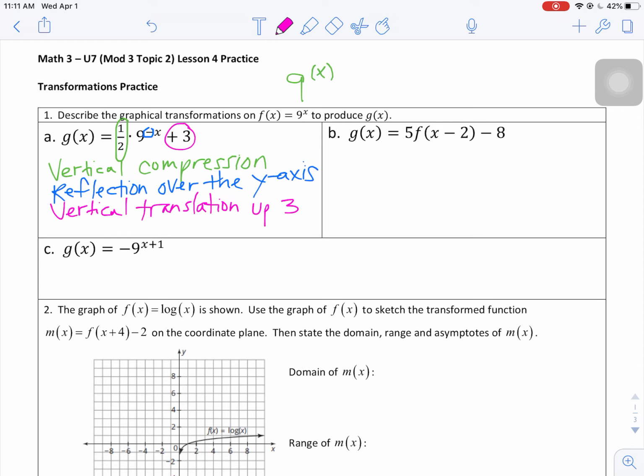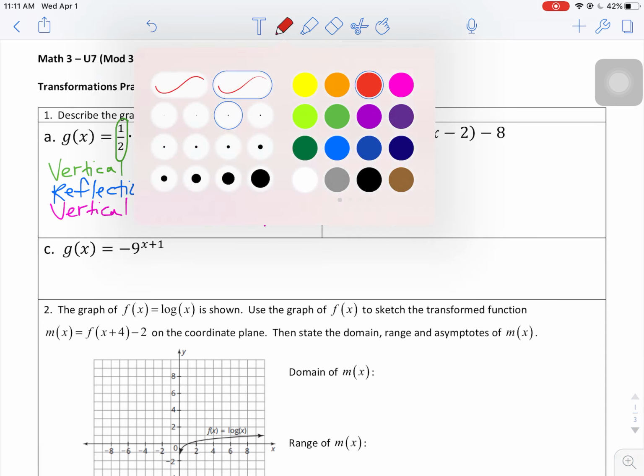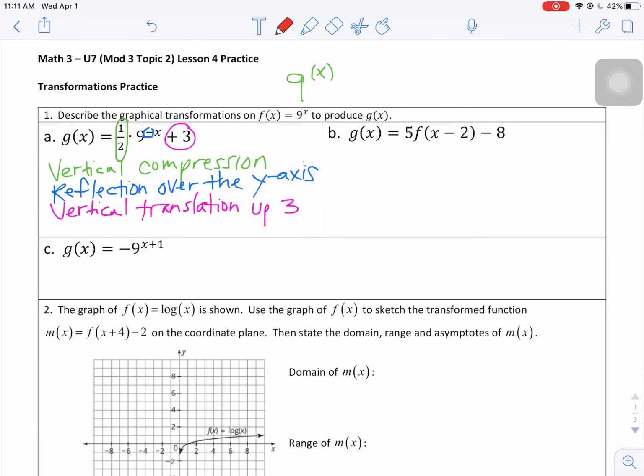For part B, its function notation is a little bit different. Instead of seeing the 9 to the x, you just see the f of x. So f is the original parent function, and then the 5 and the -2 and the -8 are all different types of transformations that have happened to the original parent function. So the 5 in the front, since it's bigger than 1, that's a vertical stretch.